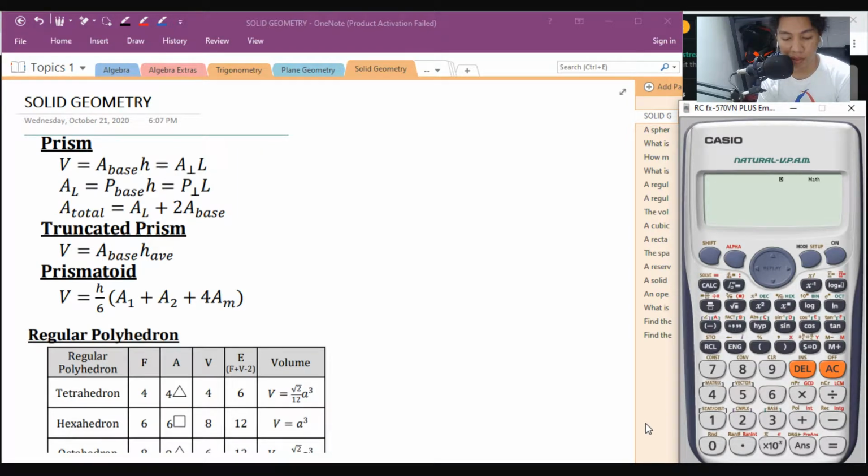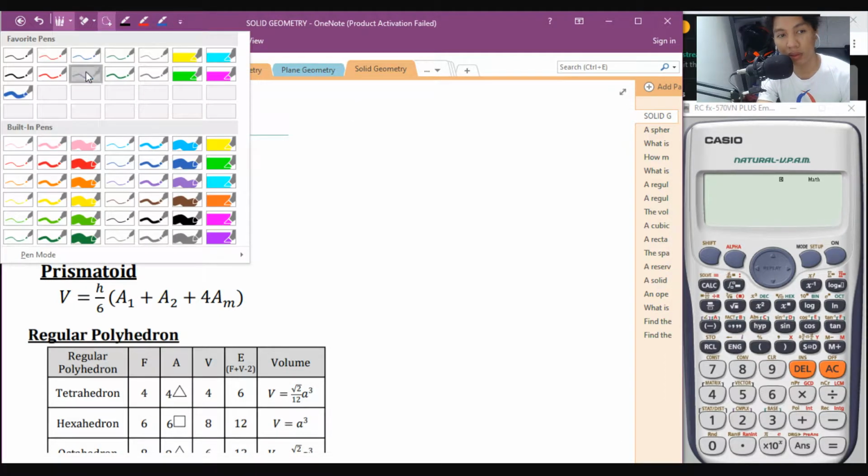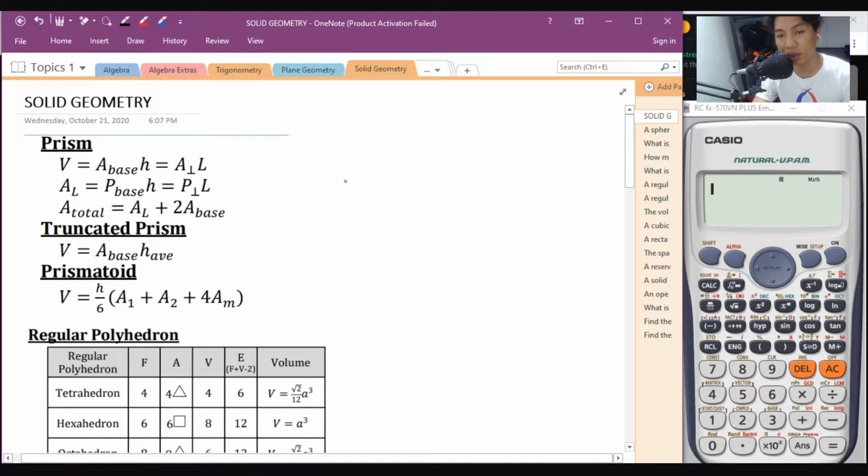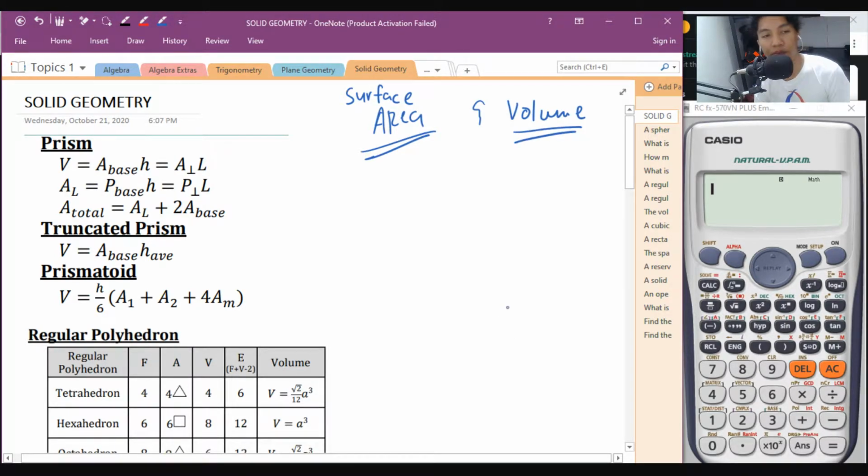And then, kung sa ating plane geometry, we're just talking about area. Sa solid geometry, we are talking about area and actually ito surface eh. And yung volume of the solid figure.